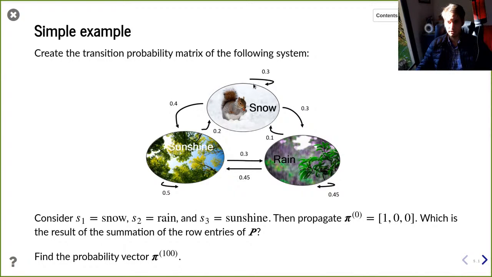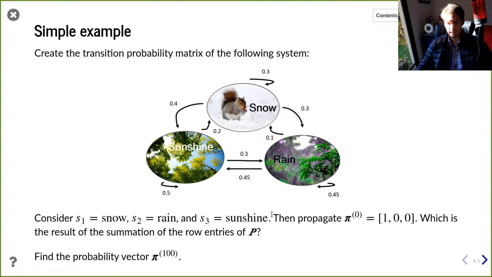You also have a probability of remaining, or just staying in the same state over and over again. And you have basically all the probabilities in the arrows. What you need to do now is try to create this transition matrix P, and then we'll analyze what happens if I start with a probability vector 1, 0, 0.